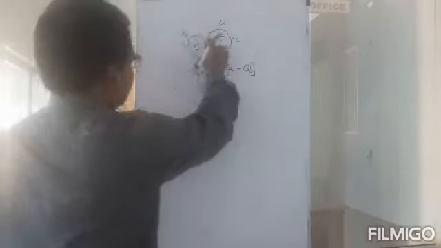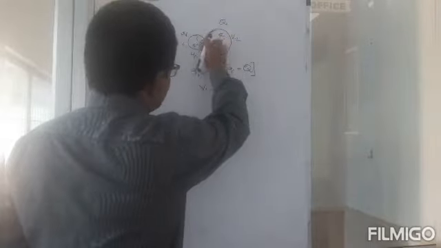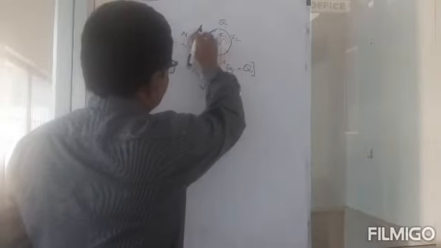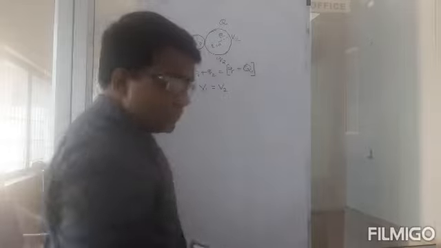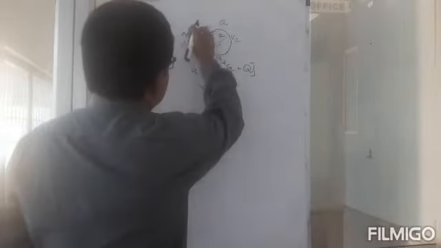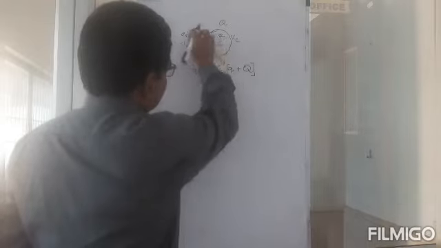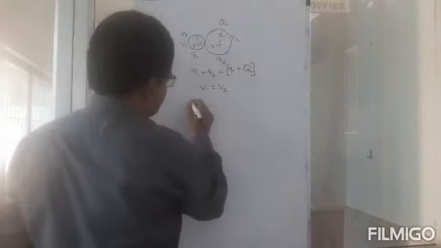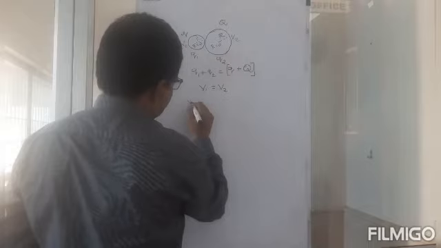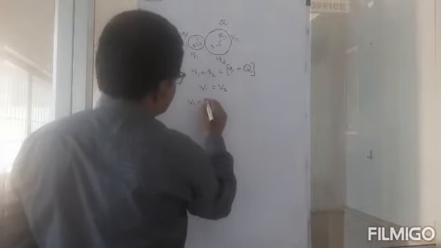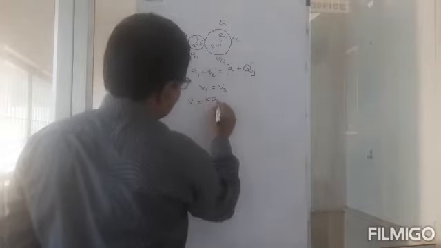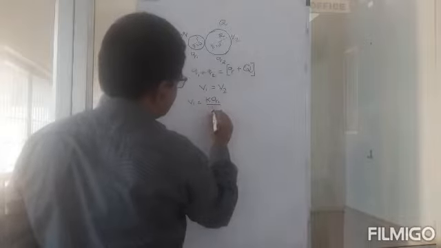But what is V1? Because I can treat this to be a spherical conductor, and Q1 is the charge on that conductor. So the potential of this conductor, V1, should be equal to K Q1 by small r.